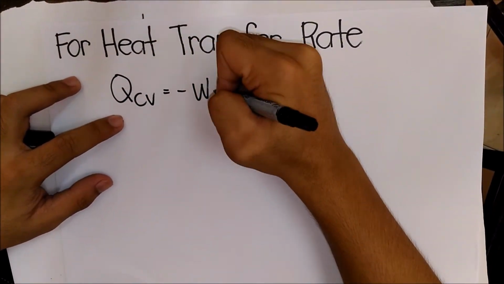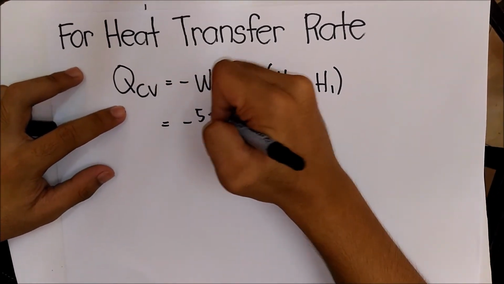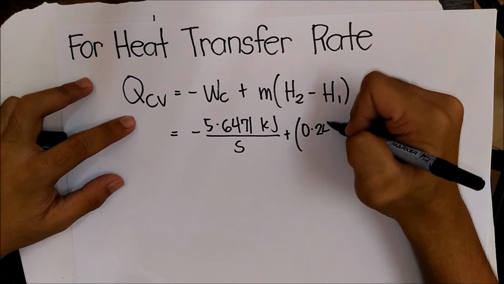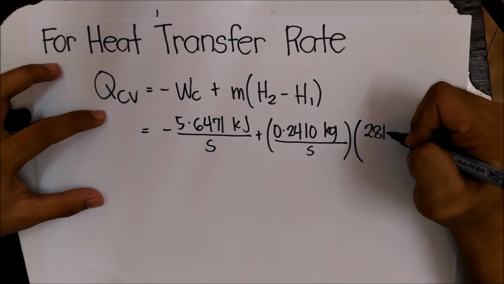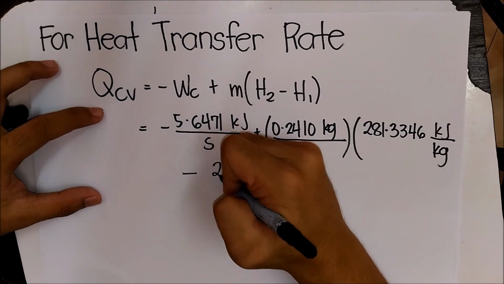For the heat transfer rate, it is equal to negative compressor power input plus the mass flow rate of the refrigerant times the quantity enthalpy at state 2 minus enthalpy at state 1.